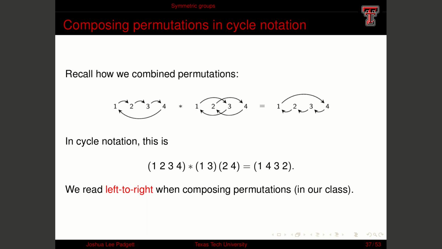All right. So how do we actually perform this product? Well, we read left to right. So this sends 1 to 2. 2 skips over this one, and 2 goes to 4. So I have 1 to 4. This sends 2 to 3, this sends 3 to 1.